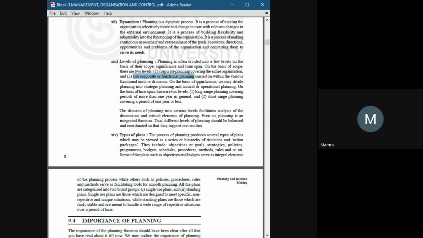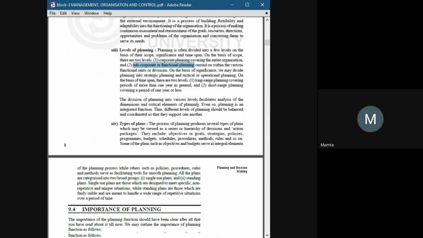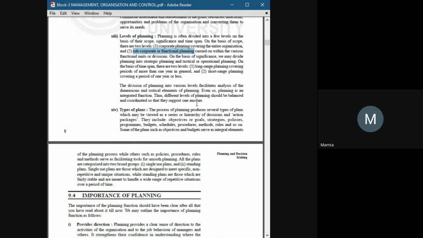Now, on the basis of significance, we may divide planning into strategic planning or tactical or operational planning. We will read it further. On the basis of time span, there are two levels: long range planning, covering periods of more than 1 year in general, or short range planning, as the name says, for a shorter time period, a year or less than a year.